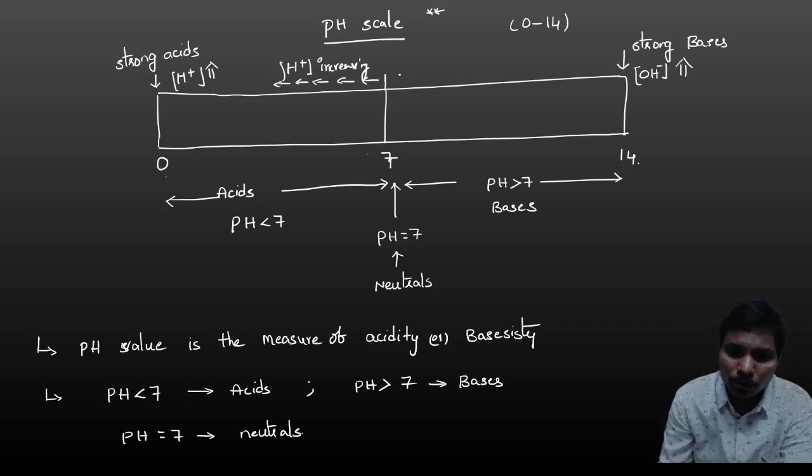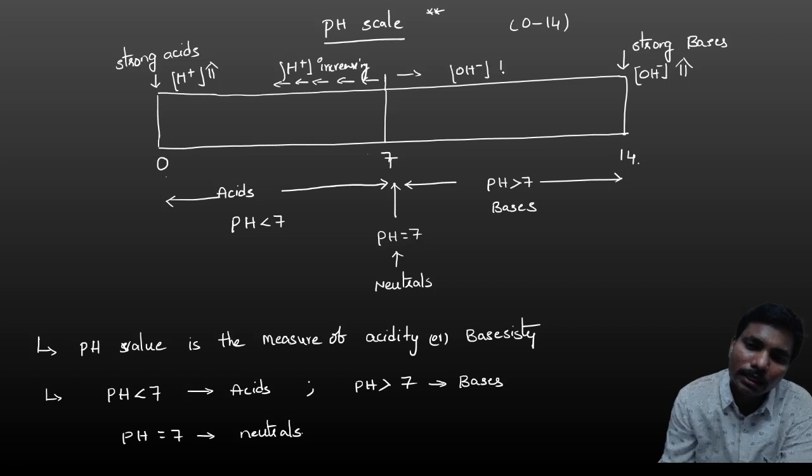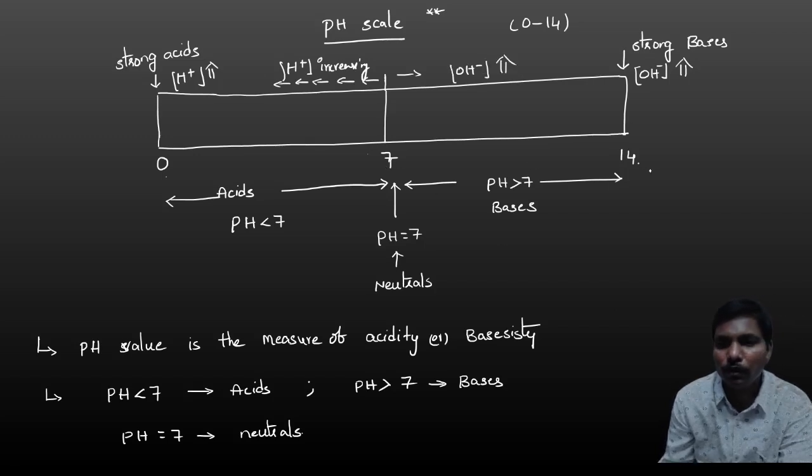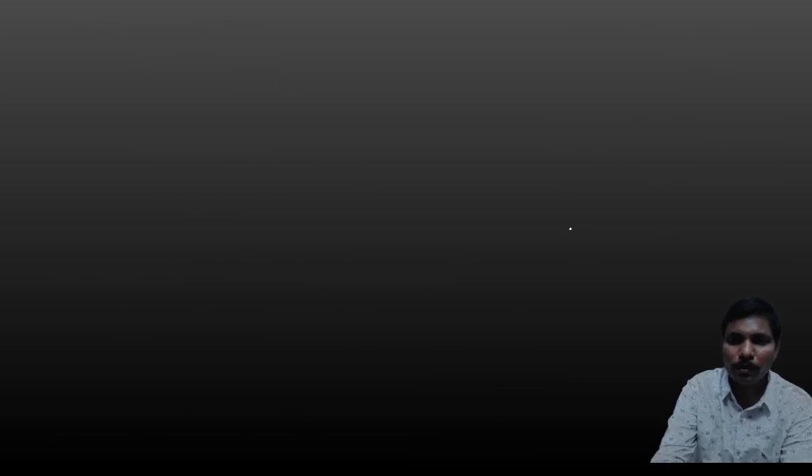Here, what about the OH minus ion concentration? As OH minus ion concentration increases from 7 to 14, what will happen? 14 means strong base, that is, basicity increases. So you can note an important point here.